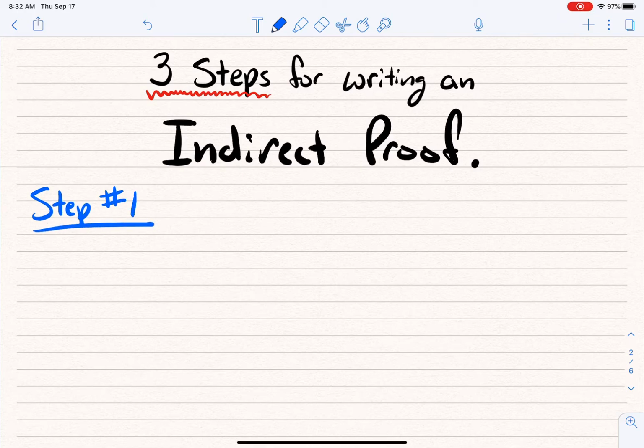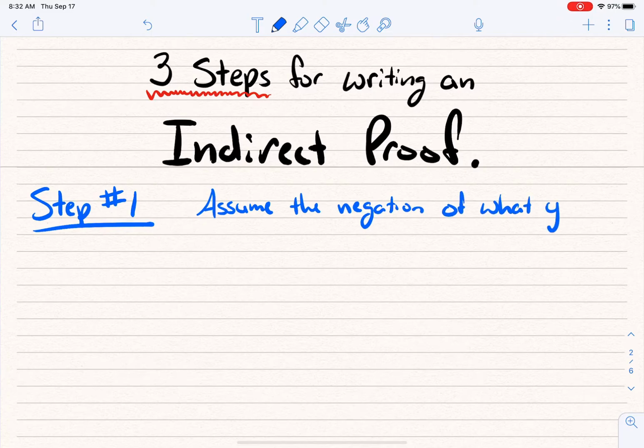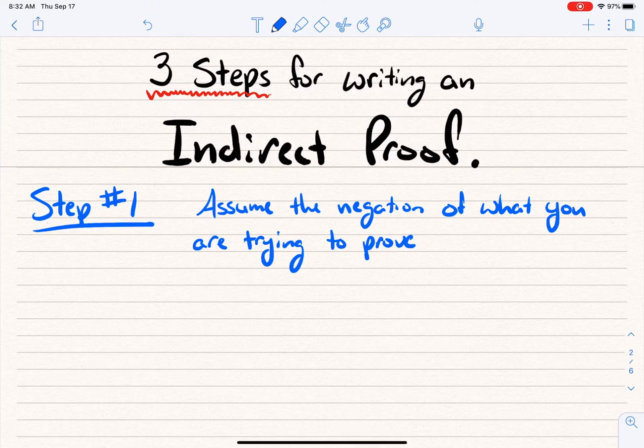Well, step number 1 is you have to assume the negation of what you are trying to prove. Now, this might sound kind of crazy at first, but you have to assume the negation of what you are trying to prove. Okay. Now, a lot of people get this one wrong.